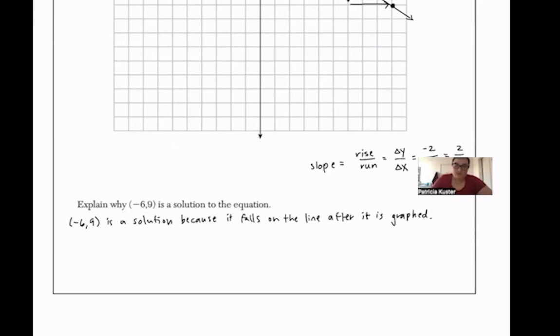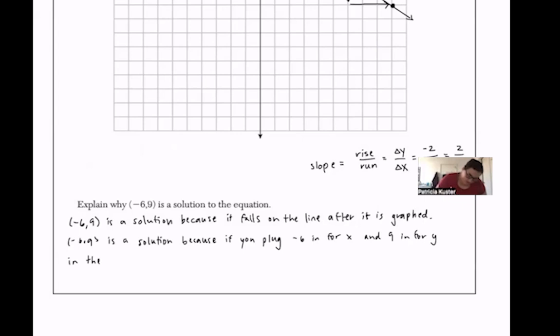Alternately, you could use an algebraic explanation. You could say (-6, 9) is a solution because if you plug negative 6 in for x and 9 in for y in the original equation, your result would equal 15.